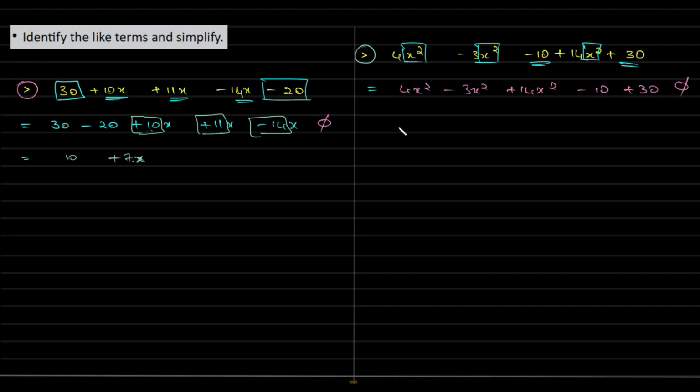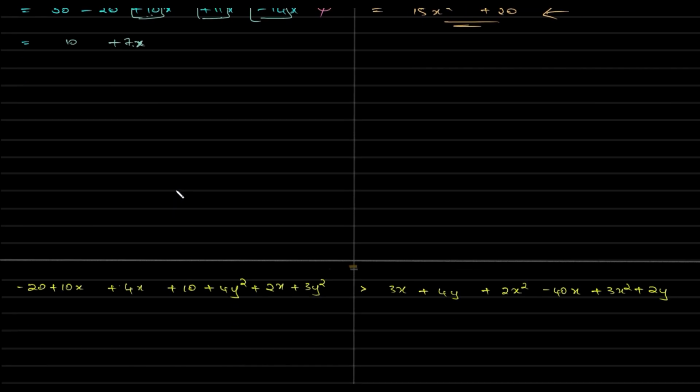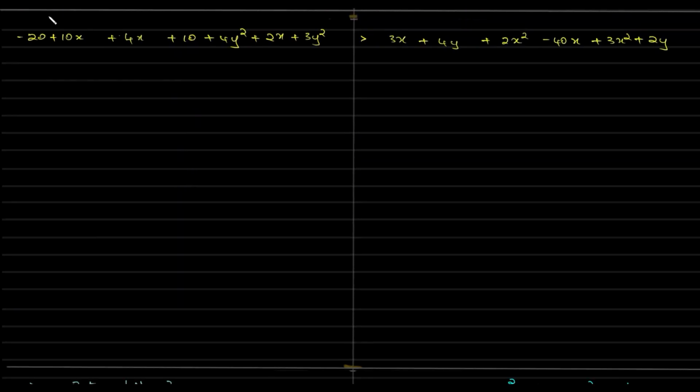You can just add the coefficients of the like terms in your head and write the answer. For example over here, 4 minus 3 is 1, 1 and 14 is 15x square, negative 10, 30 is plus 20. This could have been your answer directly, right? In 9th and 10th or higher grades, you guys can write this directly. But 8th graders, 7th graders and 6th graders, you need to write step by step because you're still learning.